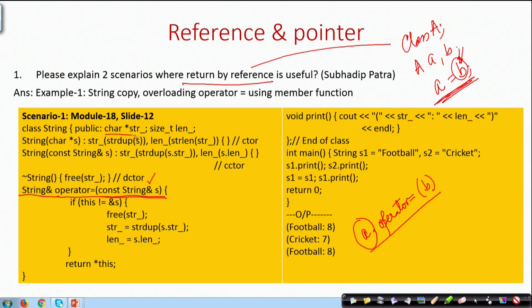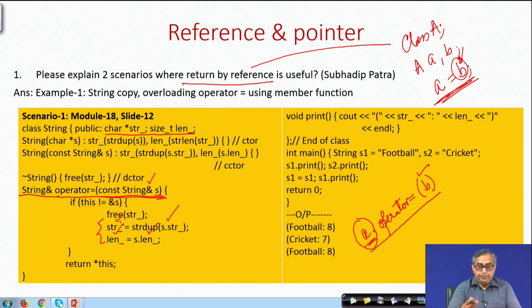It has these two data members, str and len. So, if I set the str and len of the object A on which this call has happened, taking values from what is given in B, in this case S, I have taken the str and set it here, taken the len and set it here. Then A becomes a copy of B, right.